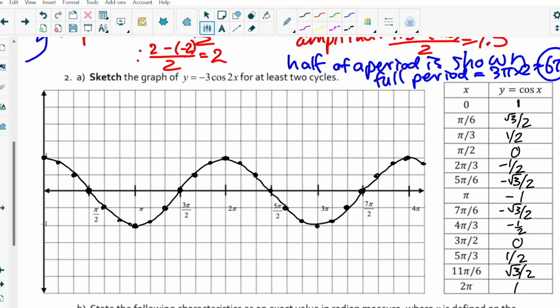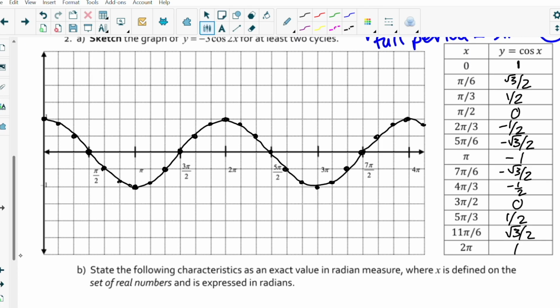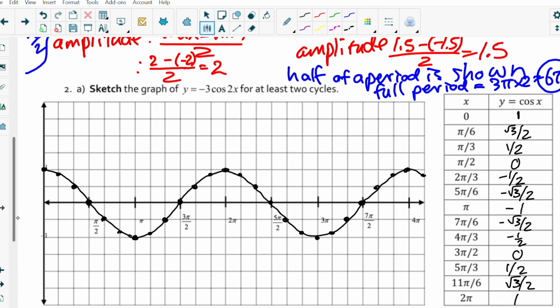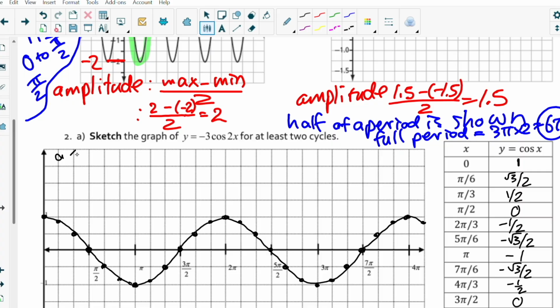All right, so I'm going to do the reflection first. I see that there's a reflection in the x-axis because I have an a value less than 0, right? So I'm going to reflect the cosine graph in the x-axis. So I'll put some dots here.